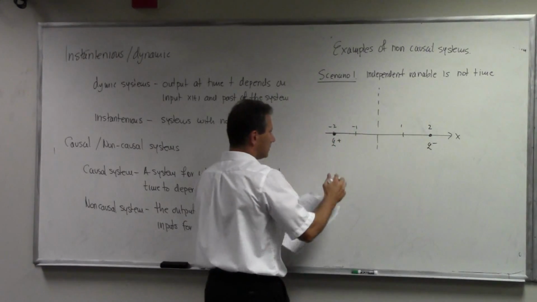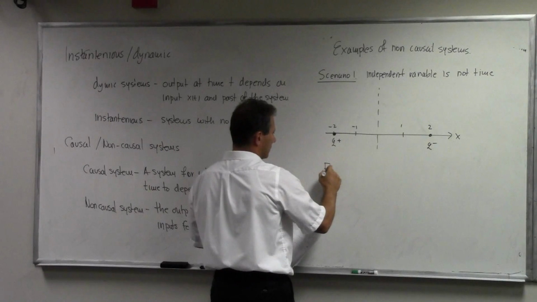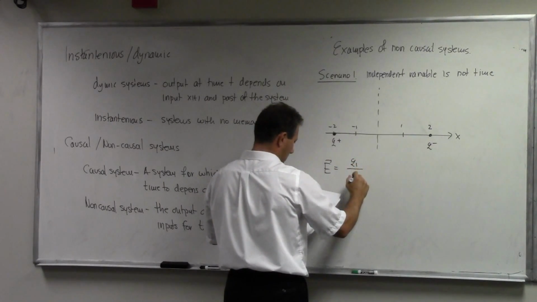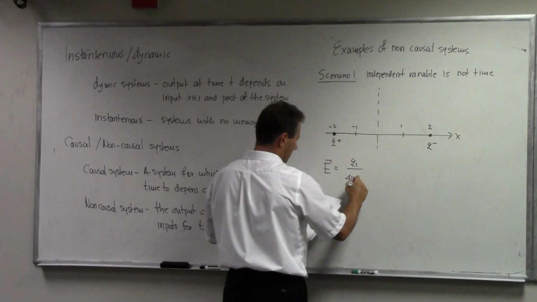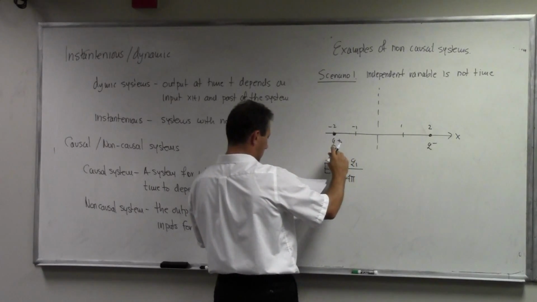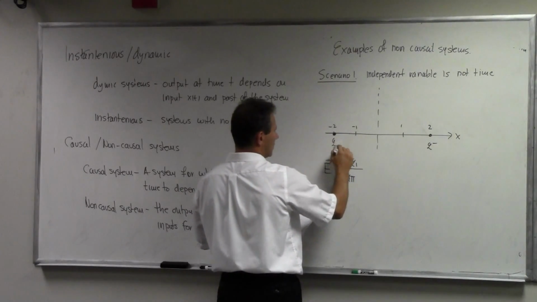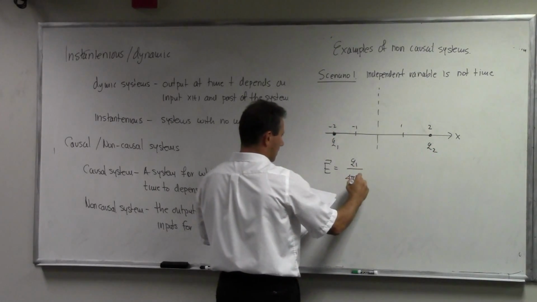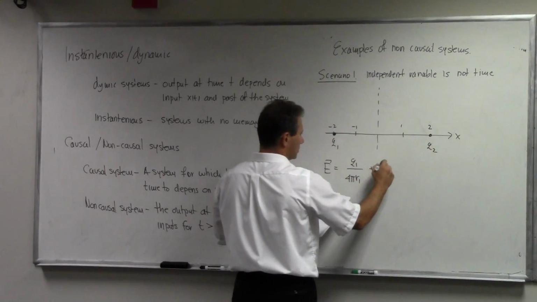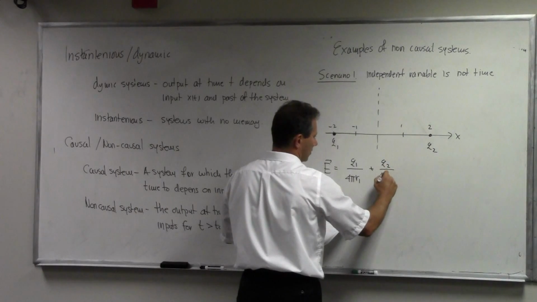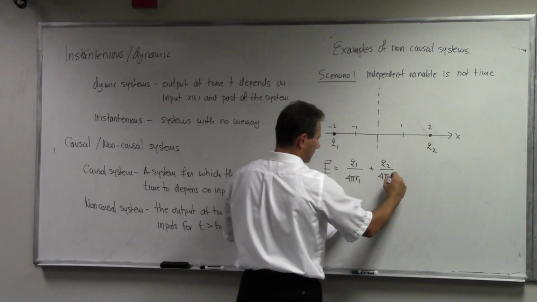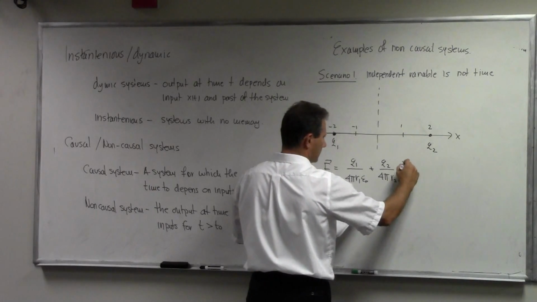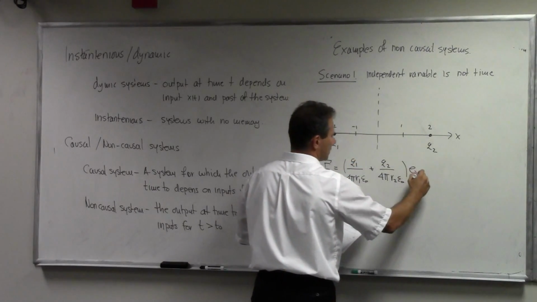And you can say, well, the electric field is given as Q1 over 4 pi R1 plus Q2 over 4 pi R2, epsilon 0, times EX, right?